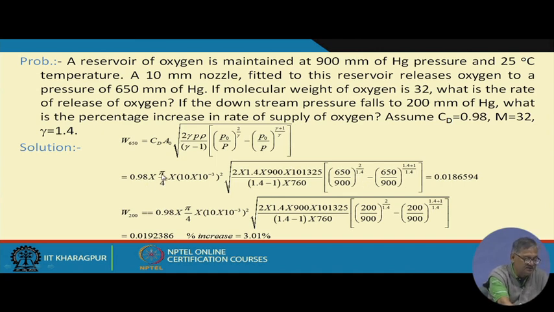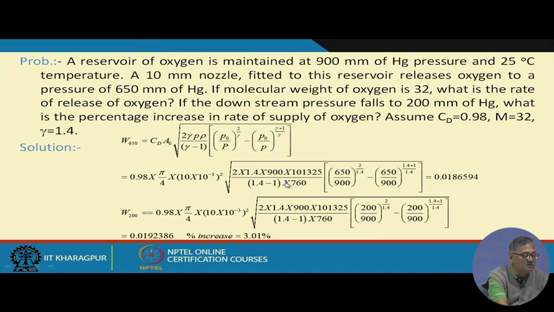that 0.985 that is CD pi by 4, this is the diameter 10 to the minus 3 whole square. So 2, that gamma 1.4 P900, right, 101325 divided by 1.4 minus 1 into 760.